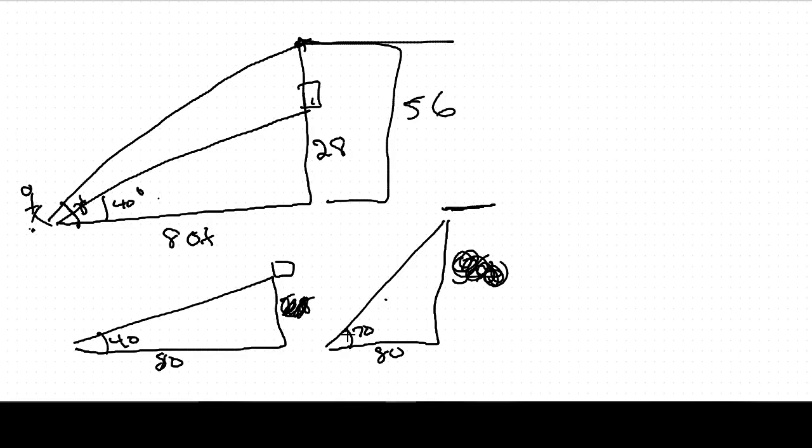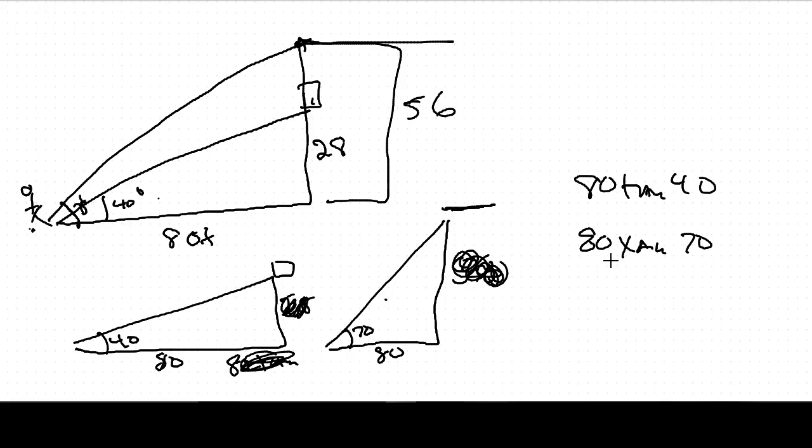Oh, you have this because it's the whole triangle. Mm-hmm. Okay, so you would just do tangent. So it's 80 tangent 40 and 80 tangent 70, and then you subtract those two from one another.